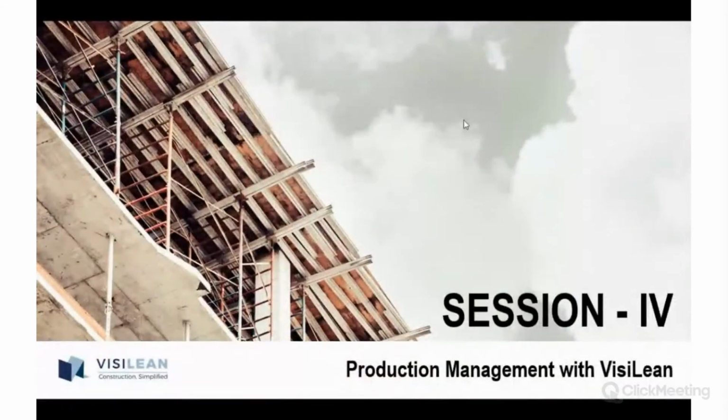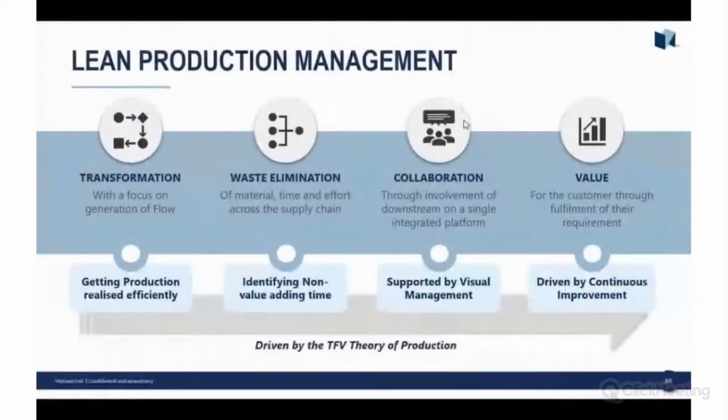So session 4, production management with VisiLean. There are 4 aspects of lean production management, in no specific order. We've got transformation, understanding how to get production realized efficiently. We've got waste elimination, which is waste of materials, time, effort, space, and being able to identify non-value adding time.